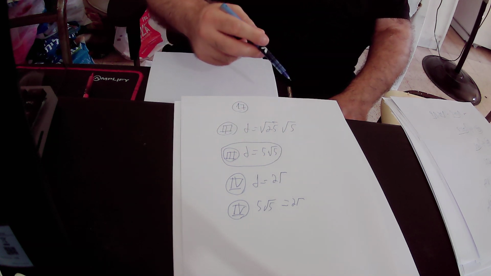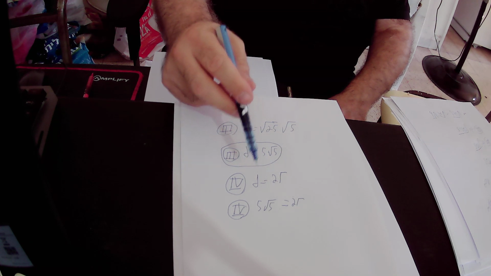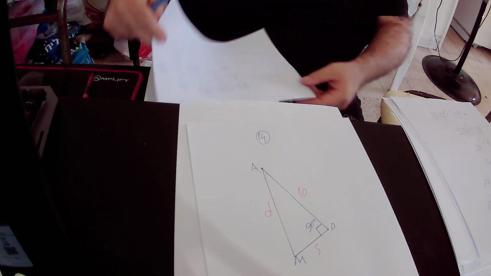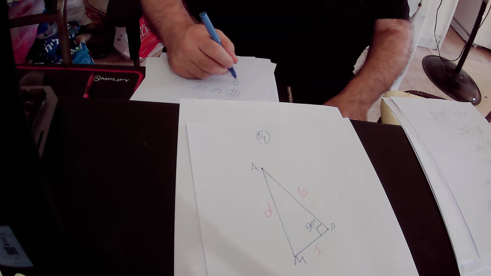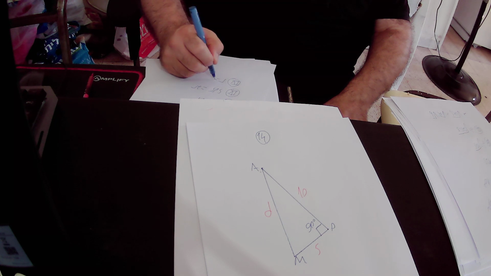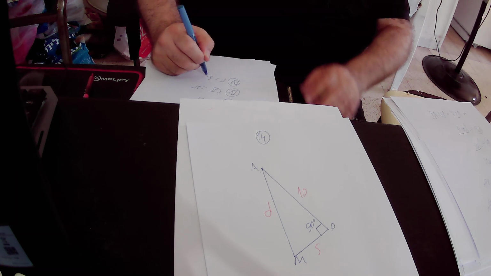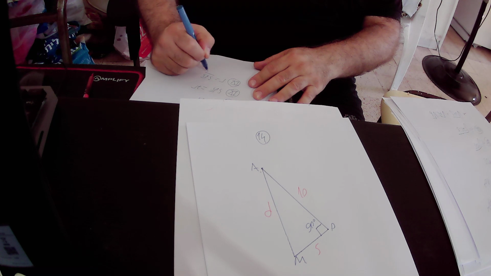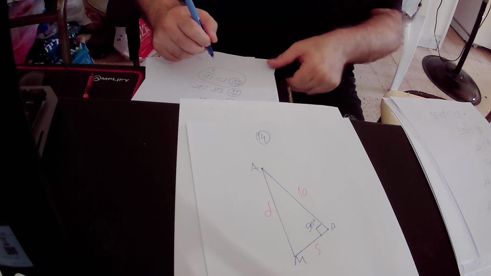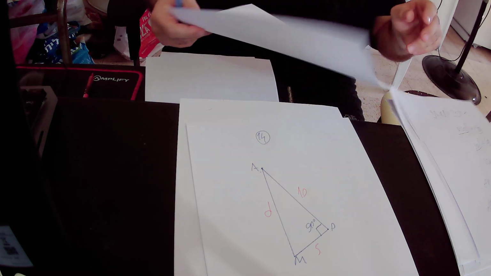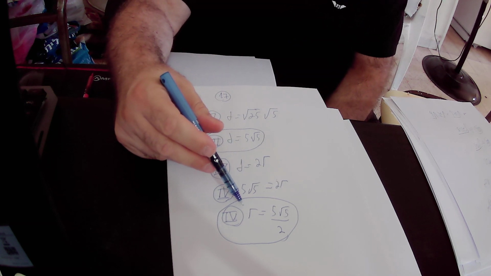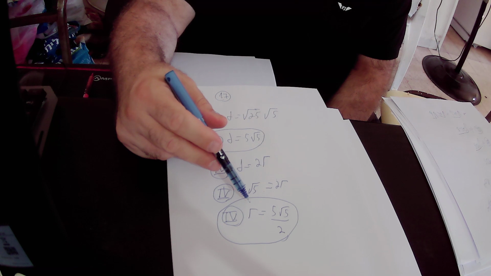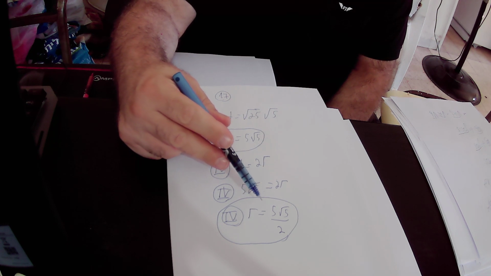Now we will divide equation number 4 by 2, and we'll get that the radius of the circle equals 5 times root 5 over 2. We divided equation number 4 by 2. We got that the radius of the circle equals 5 times root 5 over 2.